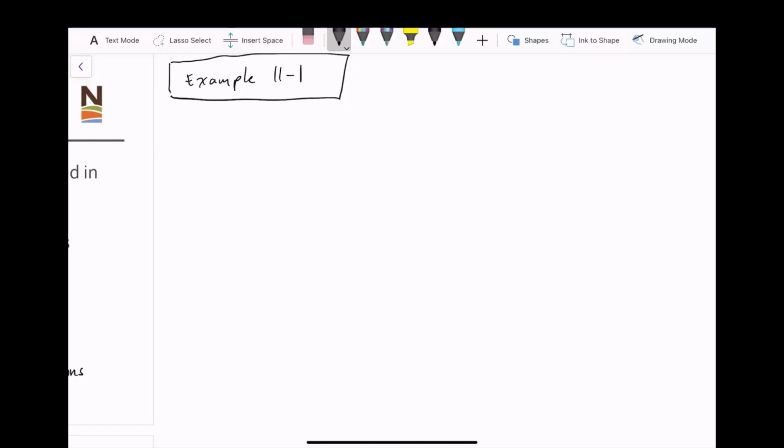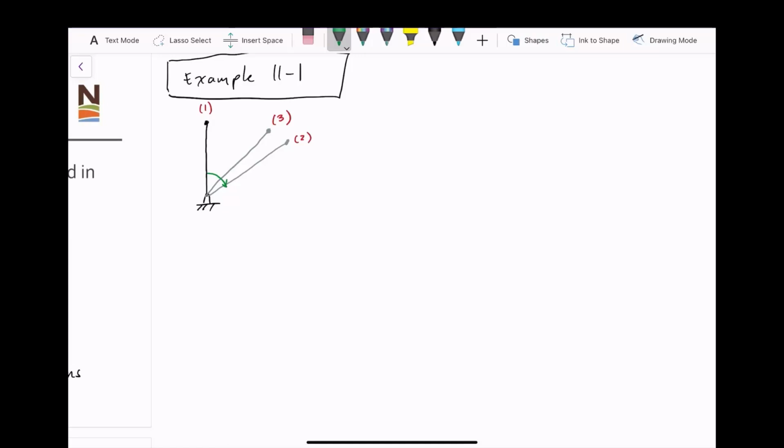So that means we draw out the example that's given. We start with a rigid body that is located like this, where we have it at position 1, and then it moves to position 2, and then back up to position 3. 1 to 2 is a total of 40 degrees, and then 2 to 3 is a total of 15 degrees. So we need to determine what is the angular displacement and distance in rads.